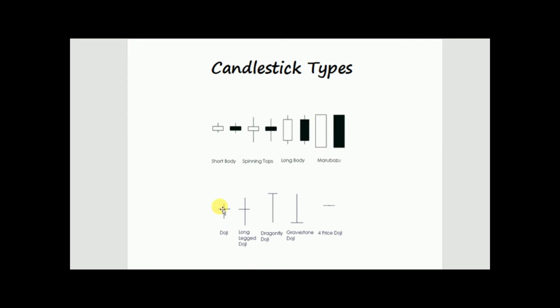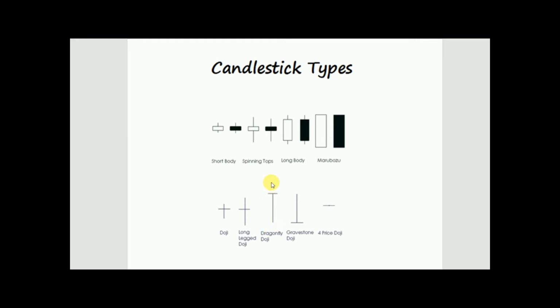So we also have several types of doji. We have many types of doji. We have long-legged doji, dragonfly doji, gravestone doji, four-price doji. Doji usually has the open and the close the same, right? So in this doji, we open over here, and then we have an intra low, we have an intra high, but then it closes at the same level.